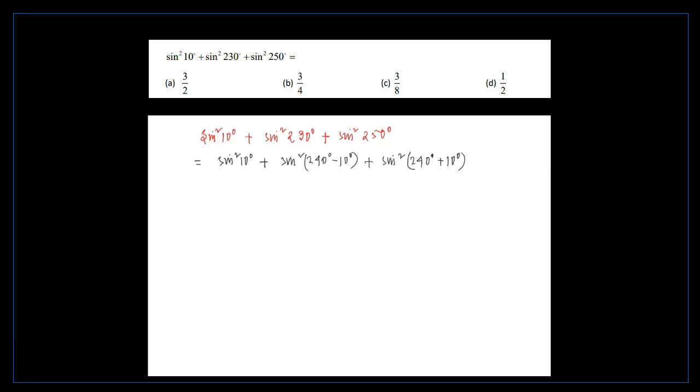If we think of theta as 10 degree and alpha as 240 degree, then we are done, because it is of the form sin square theta plus sin square alpha minus theta plus sin square alpha plus theta, that is 3 by 2.